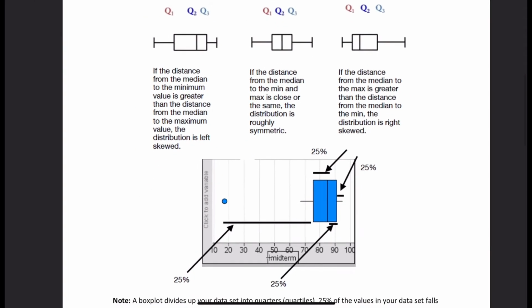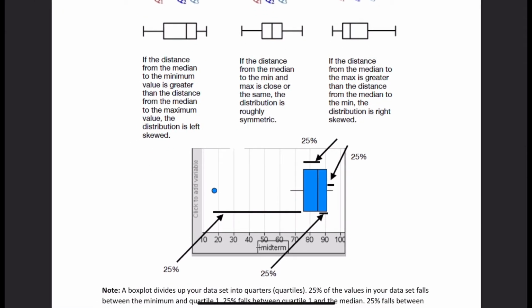And something to also note is that in our box plots, remember, 25% of the data is in between those quartiles and the minimum and the quartile and the maximum. So each little piece here that's sort of separated out is just 25% of the data.